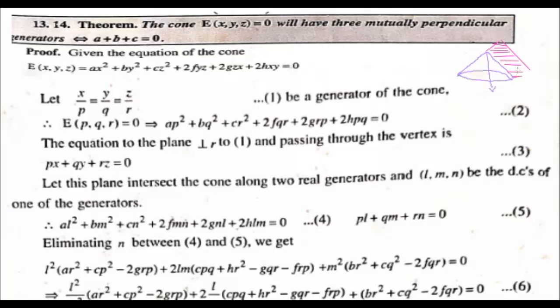So consider the plane. This generator is perpendicular to this particular plane. So what are the DRs of this? That is p, q, r. So what is the plane equation? The plane equation is nothing but px plus qy plus rz equal to 0. This is the plane equation.